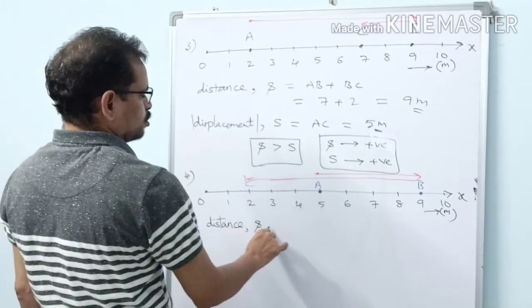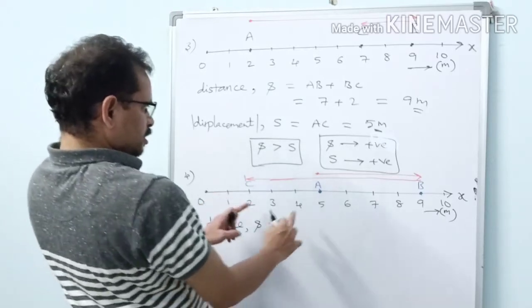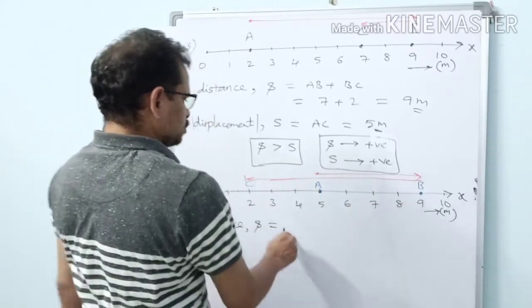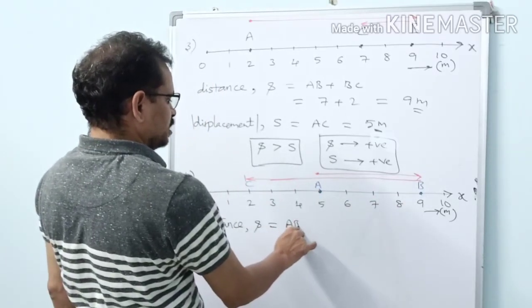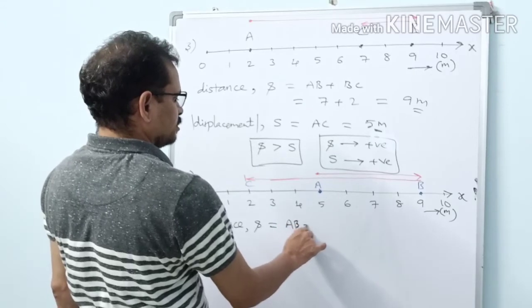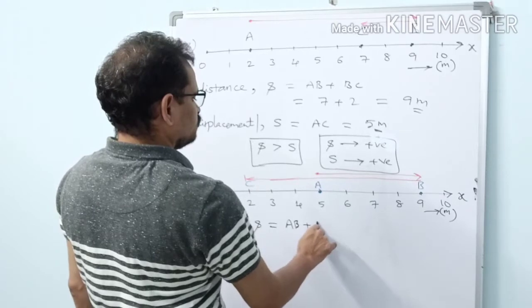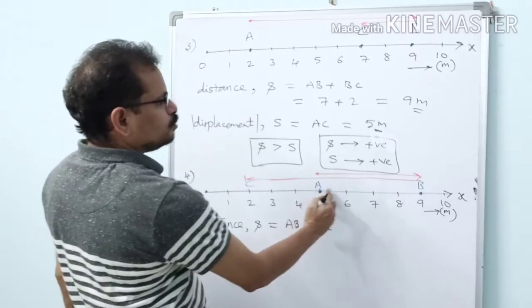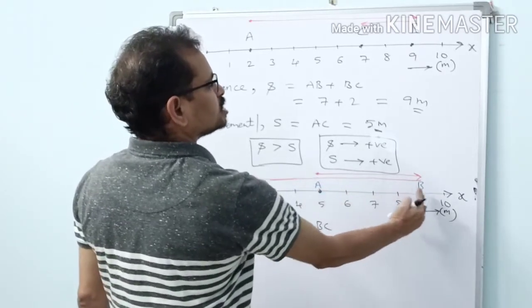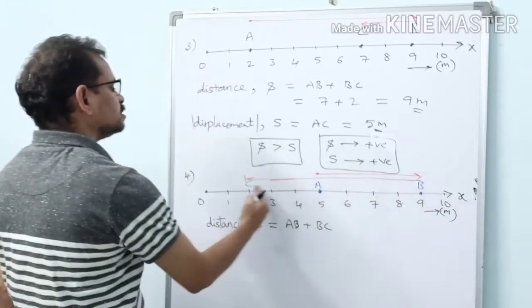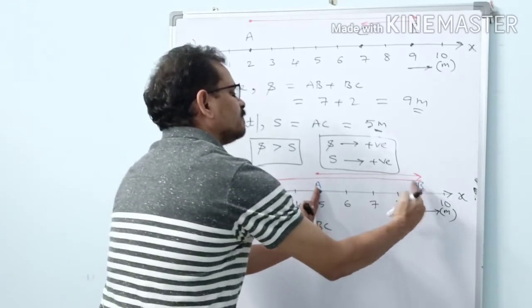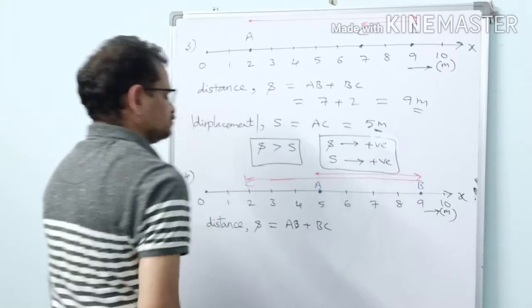What is distance, small s, equal to? A to B, so this is one path, the length of path AB, plus B to C, the length of BC. It has moved from A to B like this, again from B to C like this. So length of this path plus length of this path.